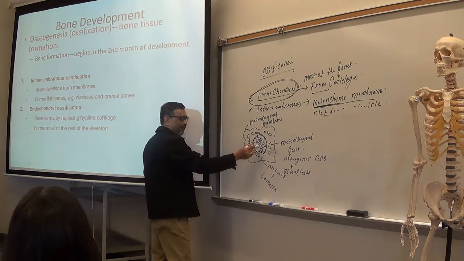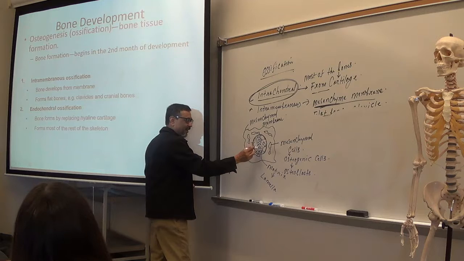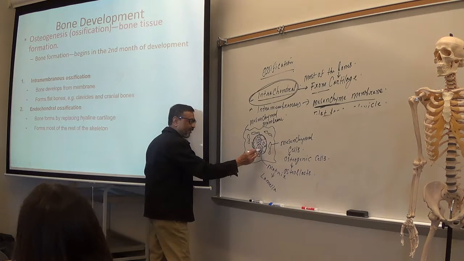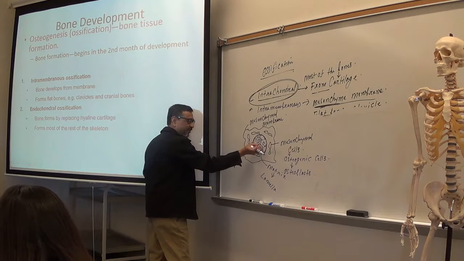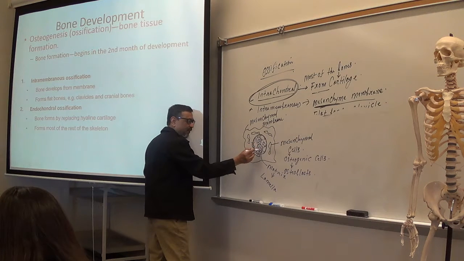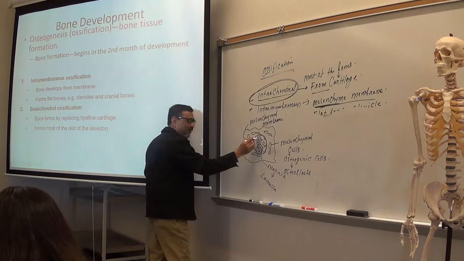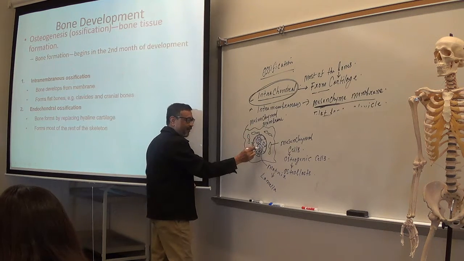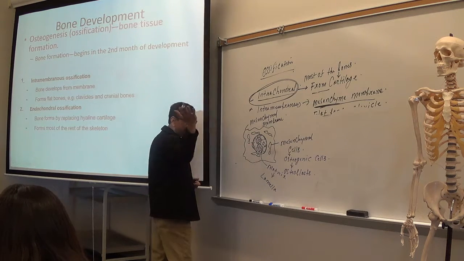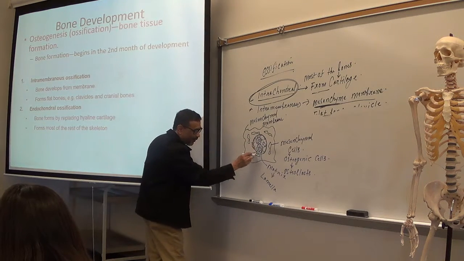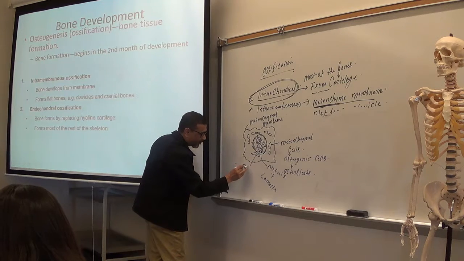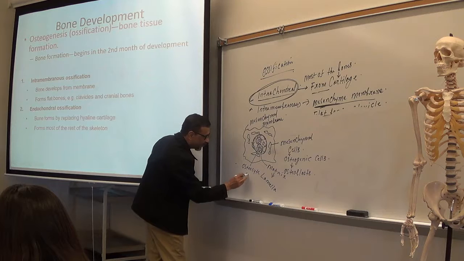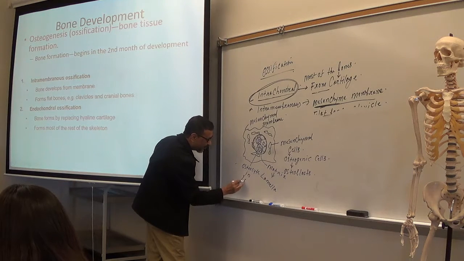Now you see, this is the hard matrix and this is the osteocyte, and there is a space in between, right? Because osteoblasts got smaller. So that is the lacunae. So that's how the lacunae are formed. And osteocyte is inside the lacunae. You remember the structure of the bone. So this is osteocyte in lacunae.